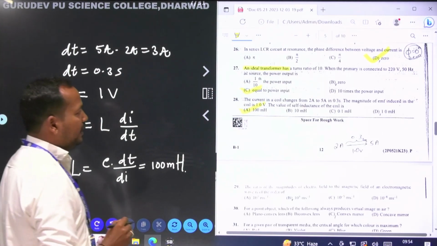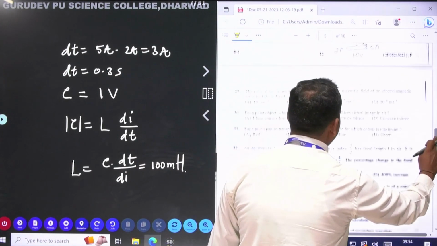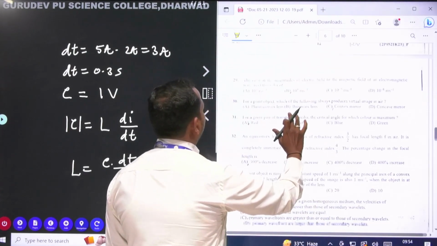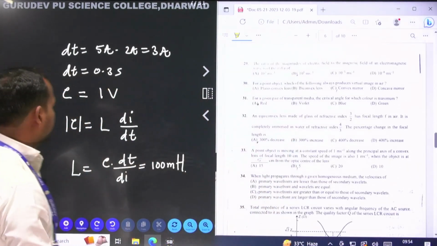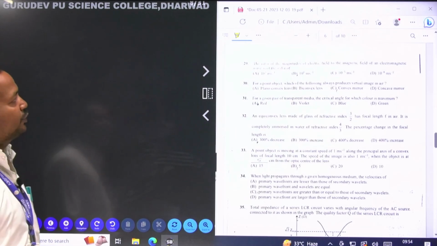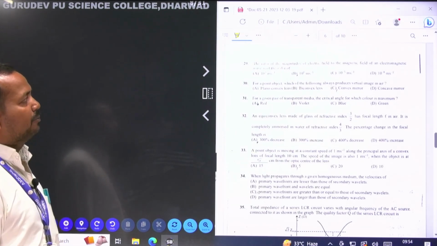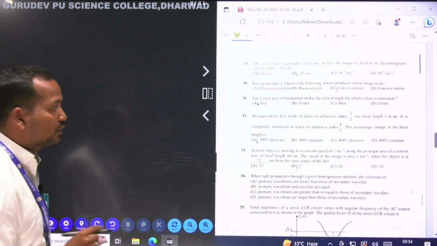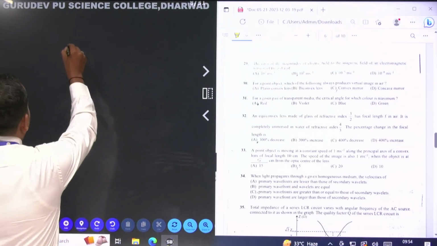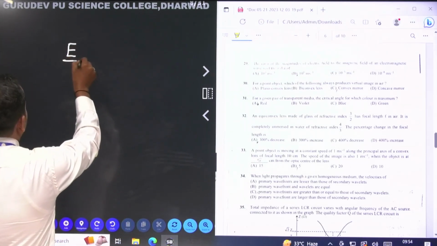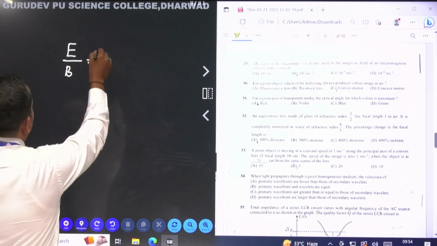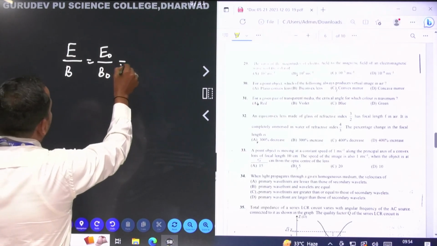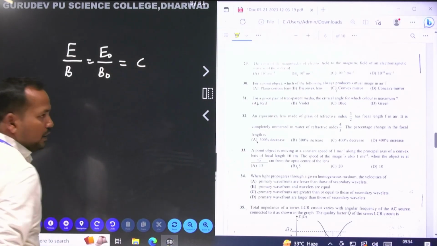Next, 29th question. Now we will move to the 29th question. That is, the ratio of magnitudes of electric field to the magnetic field of electromagnetic waves. So this is from electromagnetic waves. We have a formula, that is E by B or E naught by B naught is equal to C. So what is C here?